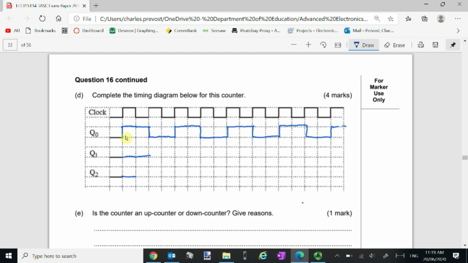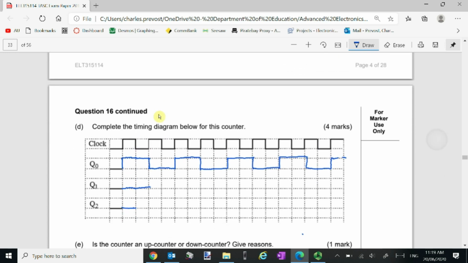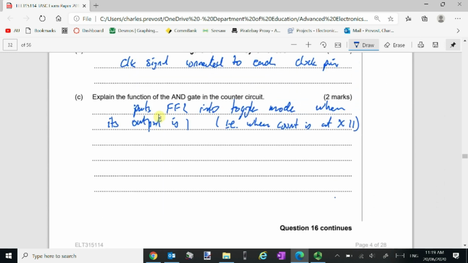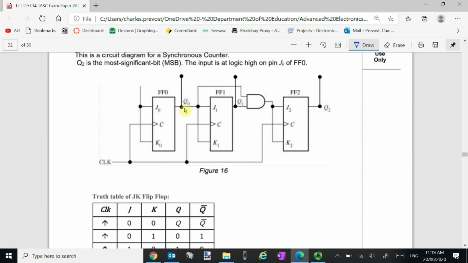If Q0 changed but Q1 didn't, it's not going to change on the next positive going edge. Actually no, this one might change it. So now let's look at this one. We've got Q0 being 1.